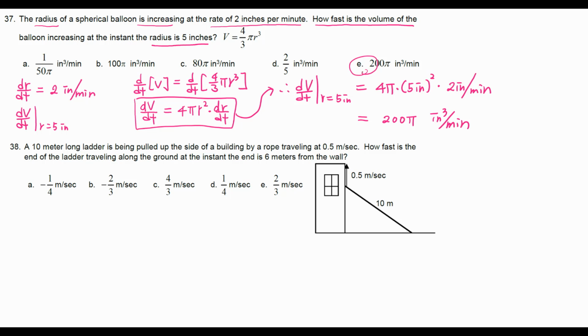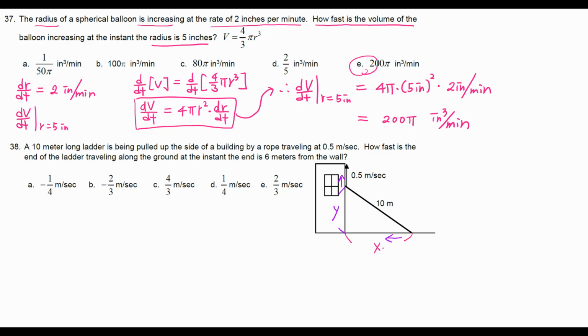So you can see from this picture, this ladder is being pulled up. If you call the horizontal distance from the building to the ladder x, and the vertical distance of the ladder from the ground to the side of the wall y, you can see y will be increasing since the ladder is being pulled up. x will be decreasing because it is going towards the building.